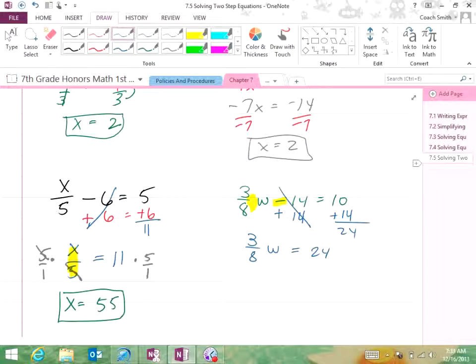Now, we talked about the other day that when we have a fraction in front of a variable, it represents what we would call a special case. Basically, to solve a fraction in front of the variable, you have to multiply both sides by the reciprocal.